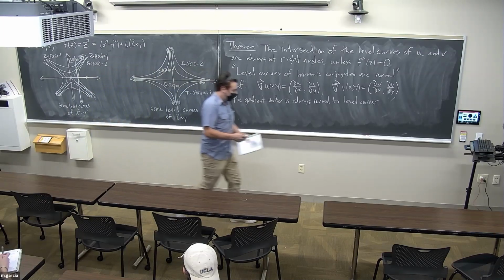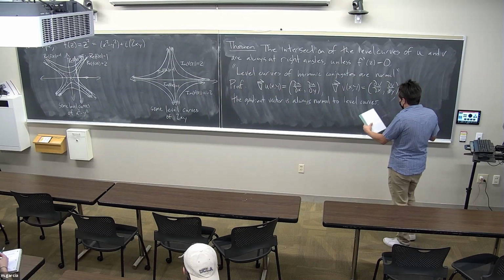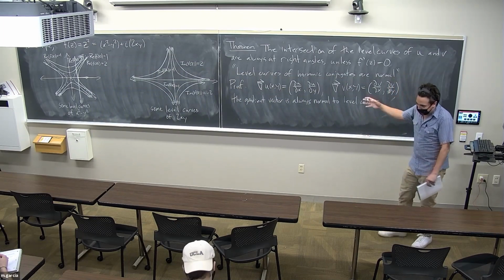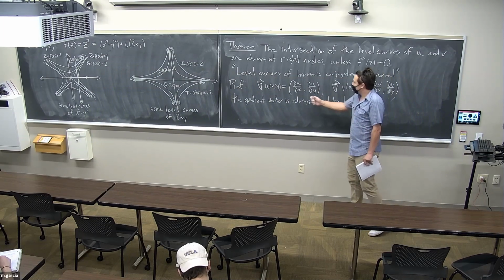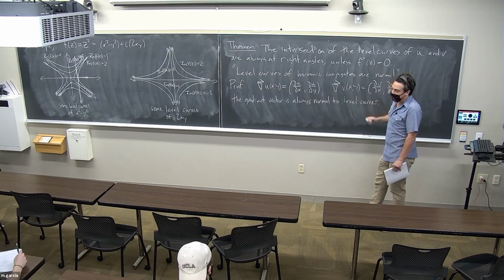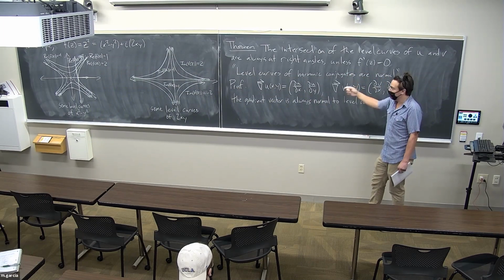Okay. So let me just outline the strategy of what we're going to do here. We know that each of these gradient vectors is normal, perpendicular to each of my level curves of u and v respectively.